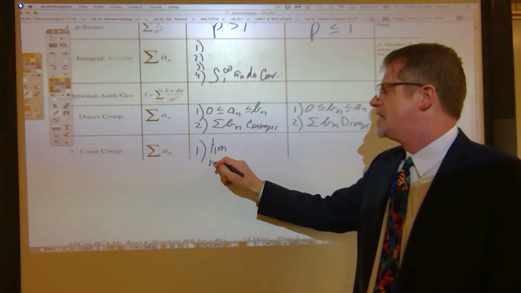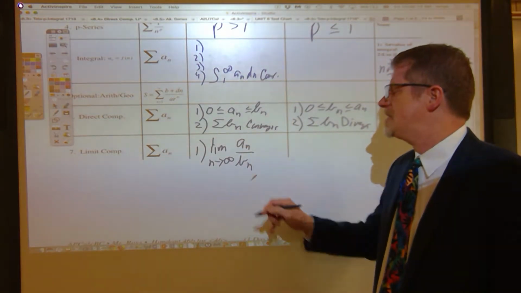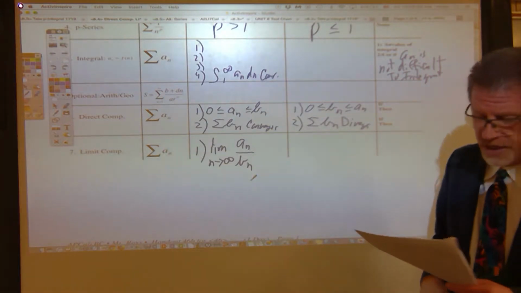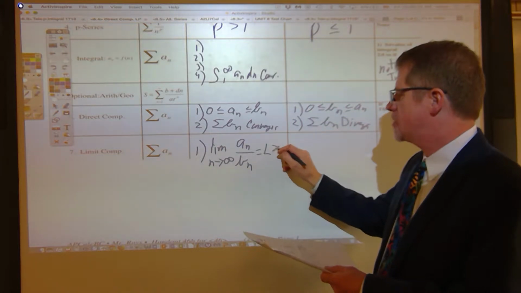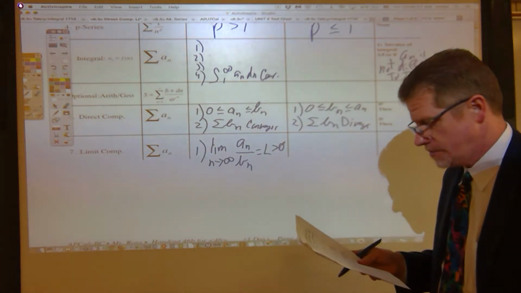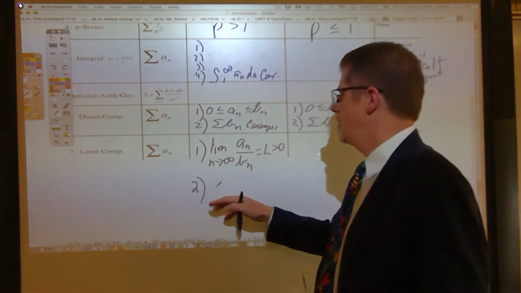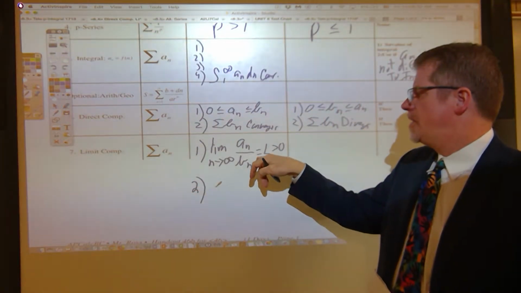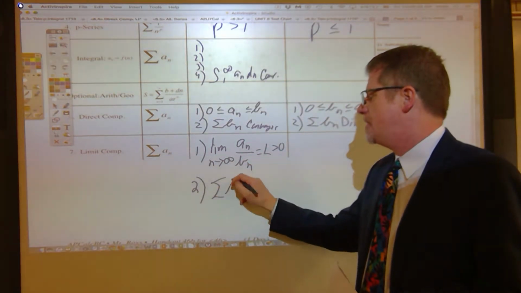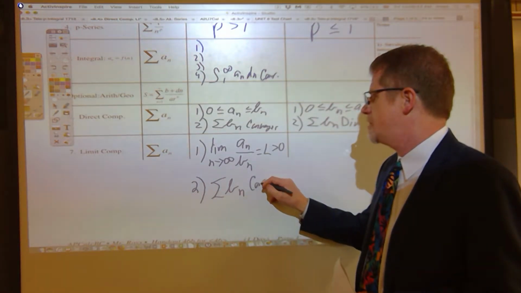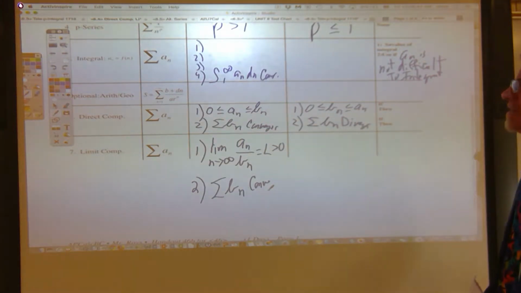If you take the limit as n approaches infinity of A sub n compared to B sub n by division, and you get a limit that exists and is greater than 0, it can't be equal to 0, and if the series B sub n to which you're comparing A sub n converges, then series A sub n also converges.